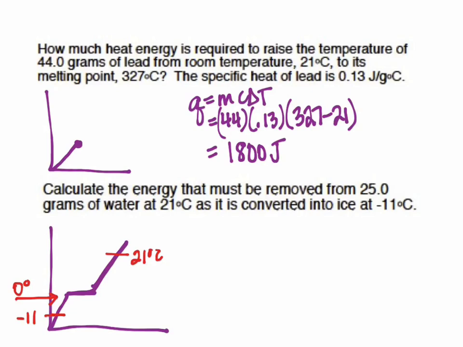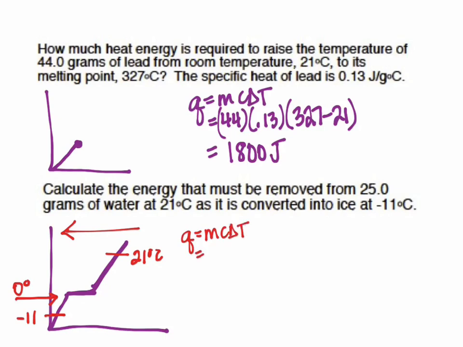So we have 3 things: a slope, a straight flat line, and another slope. That means we have to do 3 different steps to figure out how much energy is being used. We're going to work backwards from our liquid. For our liquid, we use Q equals mcΔT.